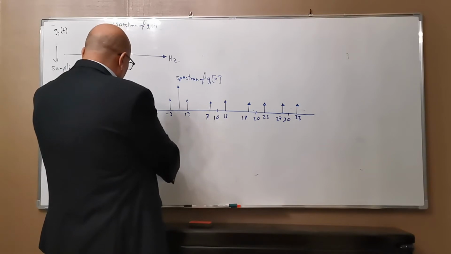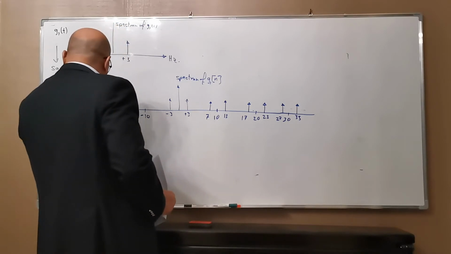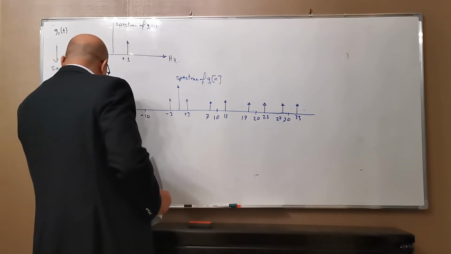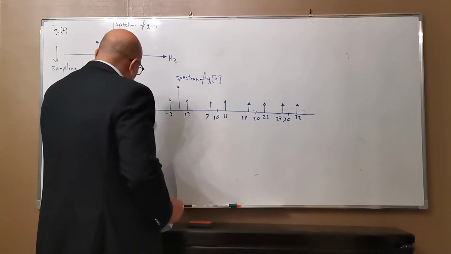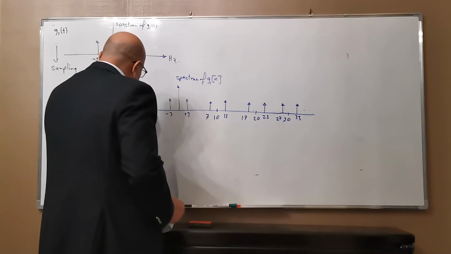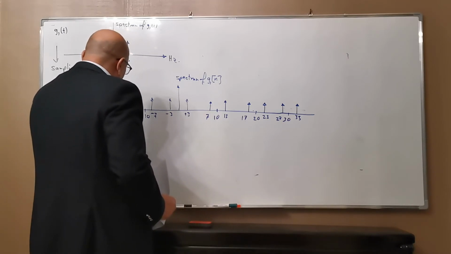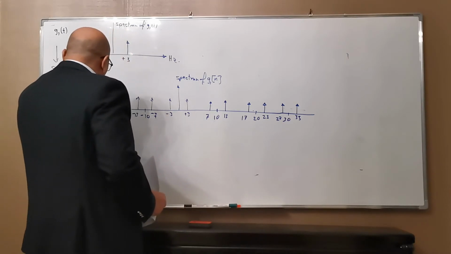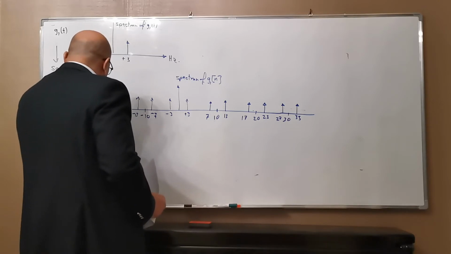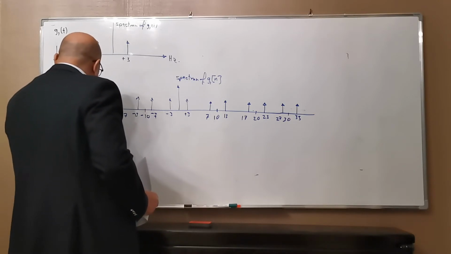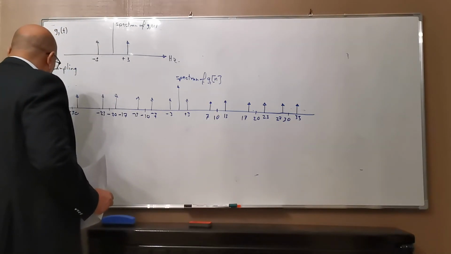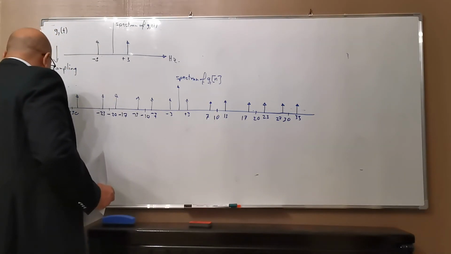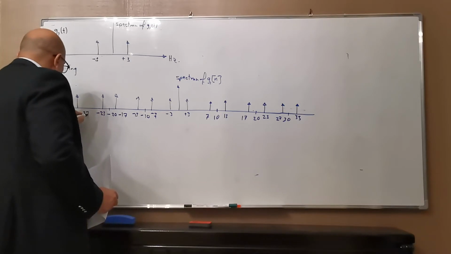So we'll go here to -10, and this is -20 and -30. So you'll have -7, -13, -17, -23, and here also we'll have -33, -27.